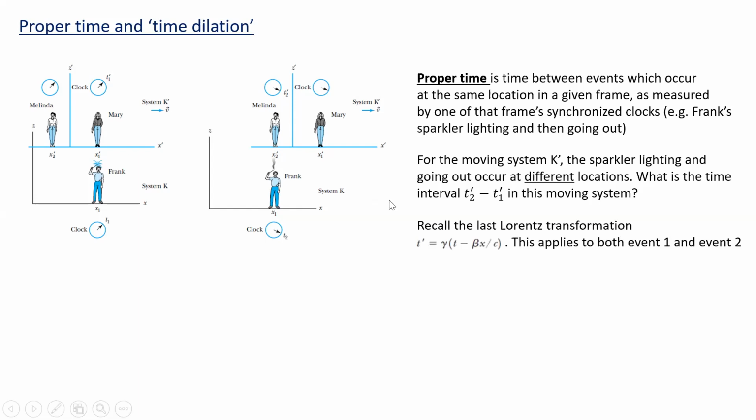Recall that we went over the Lorentz transformations last time, and the last Lorentz transformation was from the unprimed to the primed frame. t prime is equal to gamma times (t minus beta x over c), where gamma is 1 over the square root of 1 minus v squared over c squared, and beta is v over c.